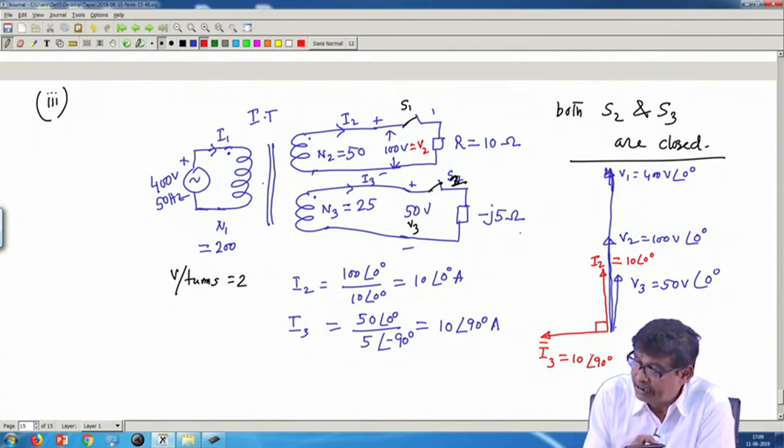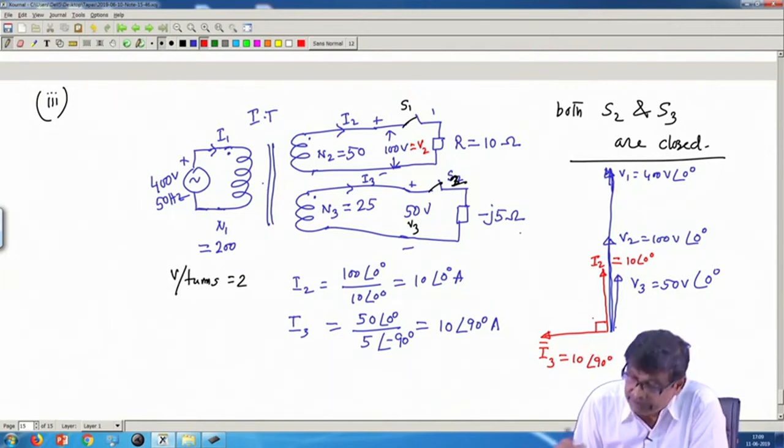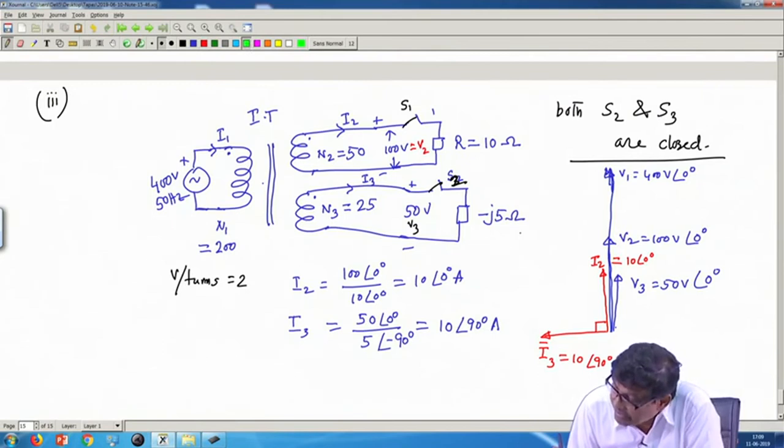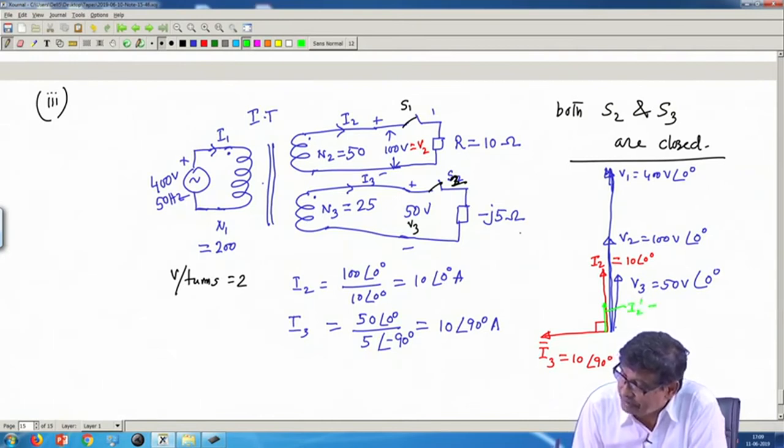On the HV side I am calculating current. So, I 2 dashed will be the lesser current.